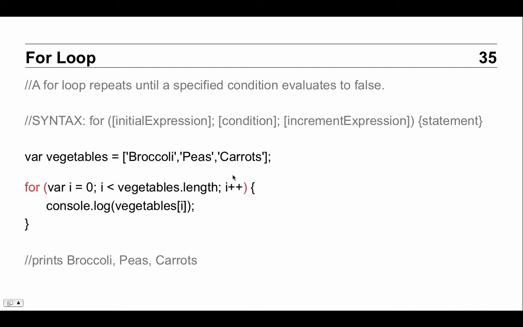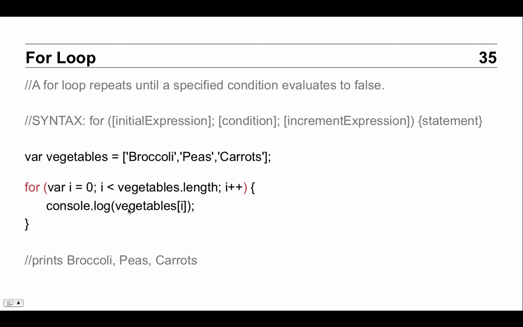So we're going to go ahead and run this script, and whatever is in the statement between the curly braces, we're going to run one time, and we're going to increment i by 1. This will actually say console.log(vegetables[0]), because remember, i starts off being equal to 0.